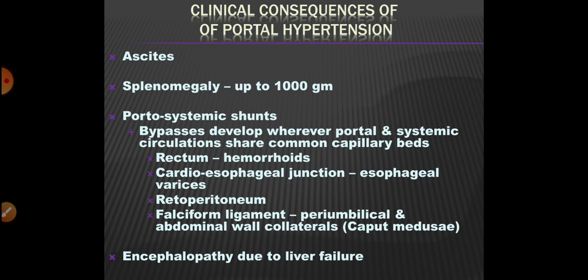Then coming to the pathogenesis of portal hypertension. Portal hypertension is produced by a combination of the following processes. It could be because of increased intrahepatic resistance to blood flow through the liver at the level of the sinusoids, which could be because of disruption of the blood flow by scarring and regenerating nodules, or alteration in the sinusoidal endothelial cells causing vasoconstriction due to decreased nitric oxide or increased secretion of endothelin 1 and angiotensins.